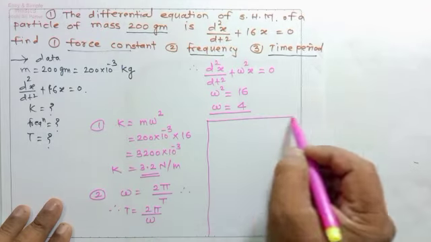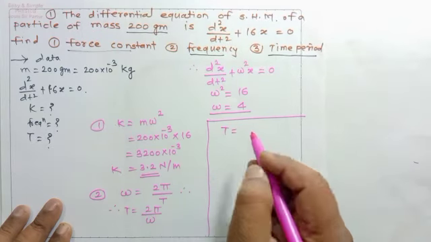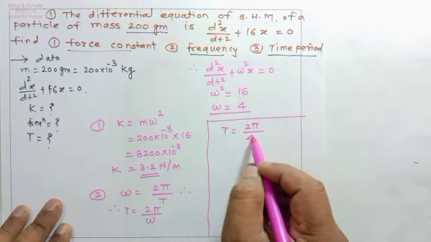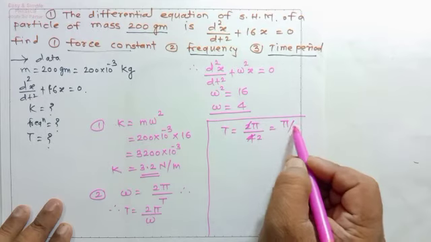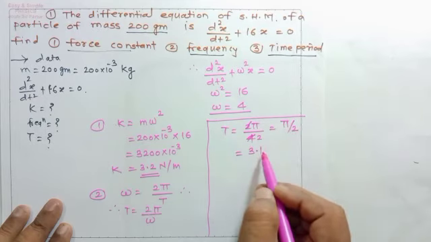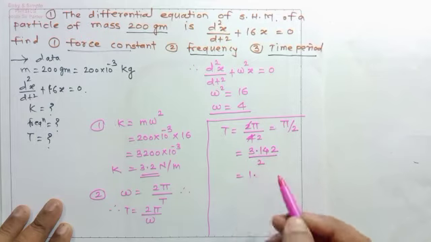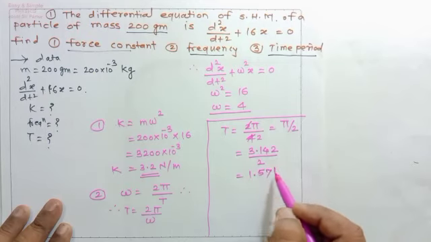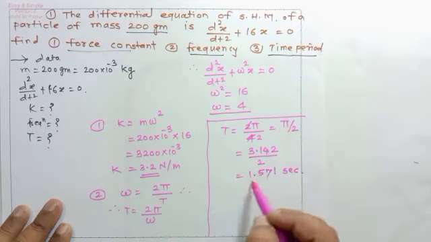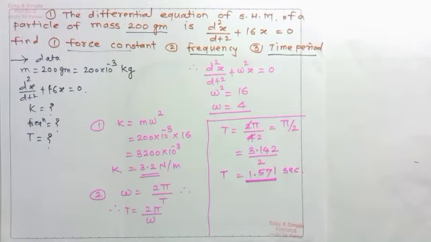Substituting the value of omega, T is 2 pi upon 4, that is pi upon 2, and with pi as 3.142 upon 2, that is 1.571 second. This is the answer for time period. But we want to find frequency.